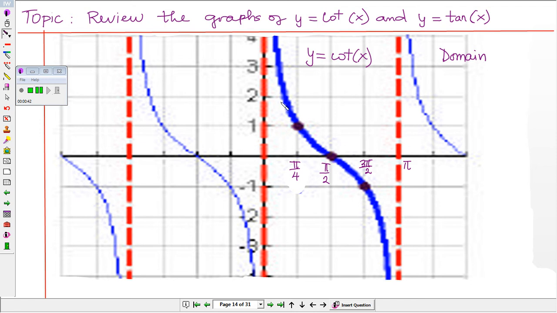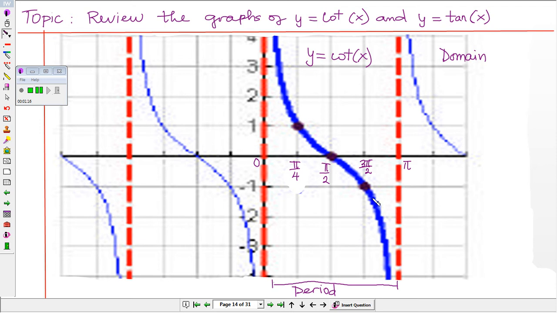You can see right here that the graph of the cotangent function does have vertical asymptotes, and the vertical asymptotes are x equals 0, x equals pi, and of course this is for one period, so it means that it's a multiple of pi. But first, let me talk about the period. The period is the length of one complete pattern of the graph.